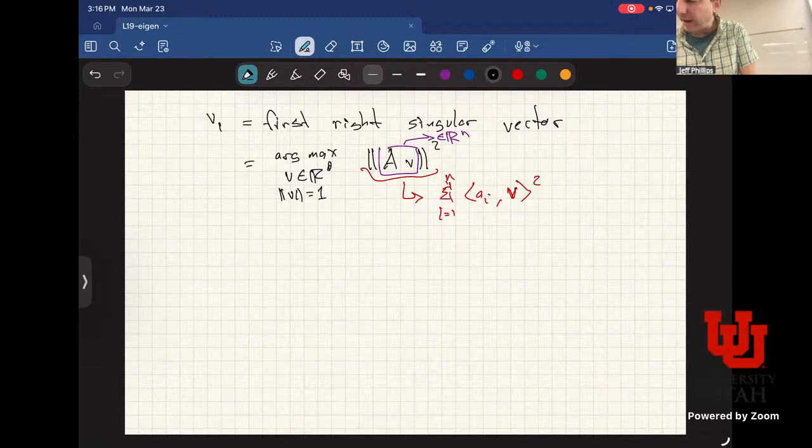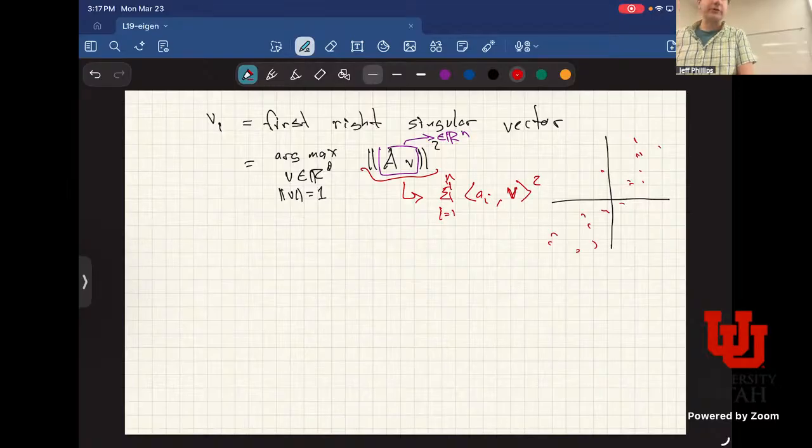So what this is saying is that there's some data, and again, we're still assuming these are probably centered at the origin, and that I'm choosing a vector V1, and I'm looking at projecting all of this data onto this vector.